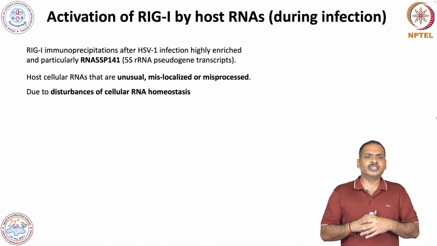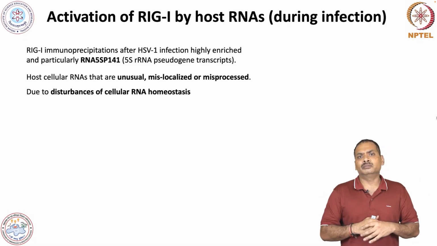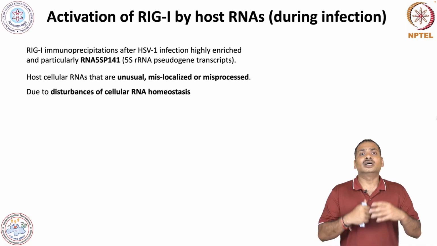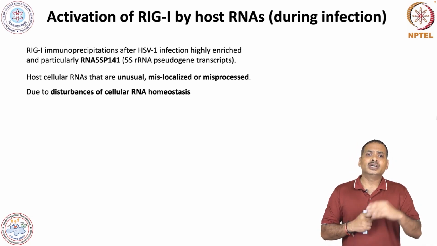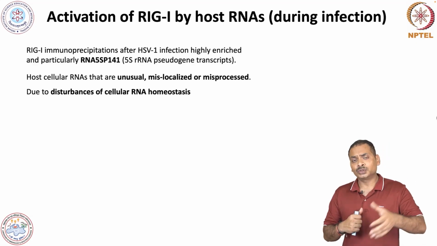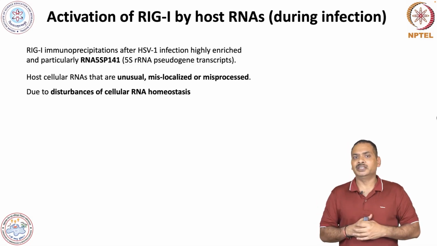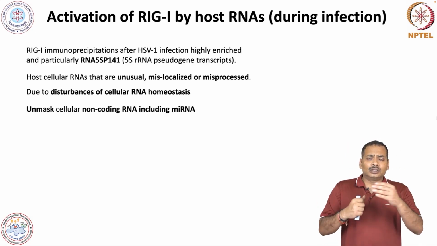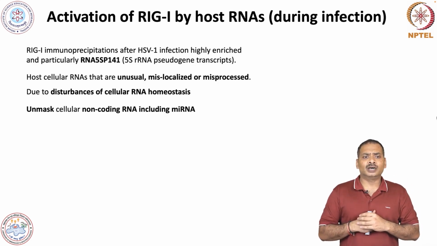Overall, if you see very carefully, there is a disturbance of nucleic acid metabolism or nucleic acid homeostasis. Particularly in this case, the RNA homeostasis is severely skewed, and this skewed process basically results in the binding of RIG-I with our own RNA molecule. That is, this infection also causes unmasking of non-coding RNA.